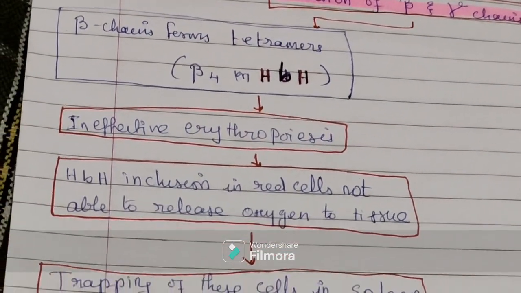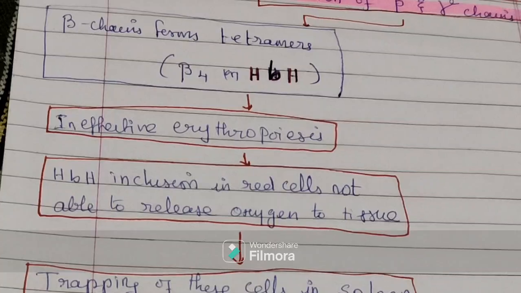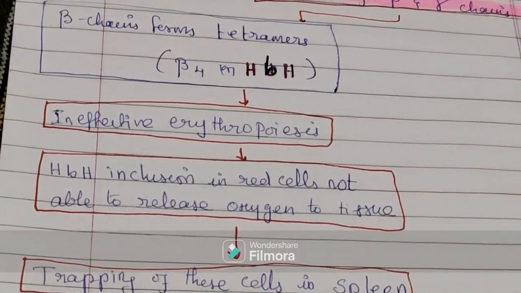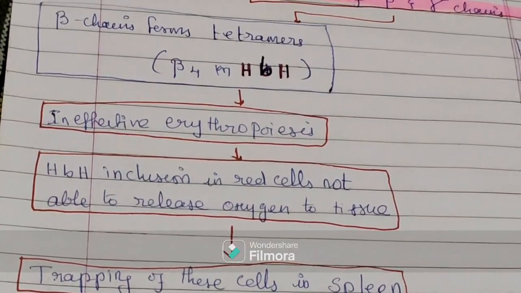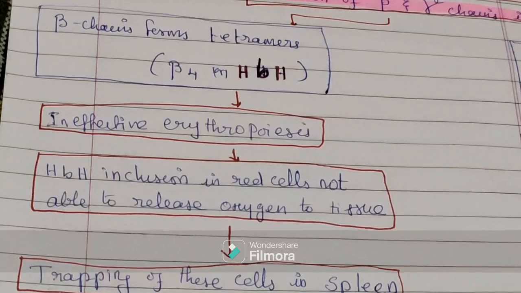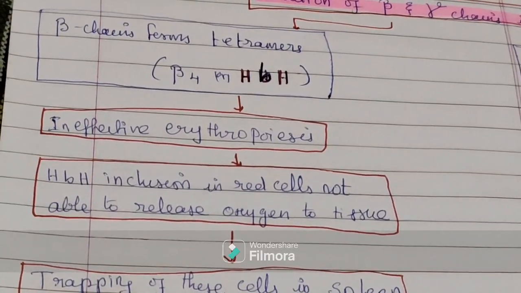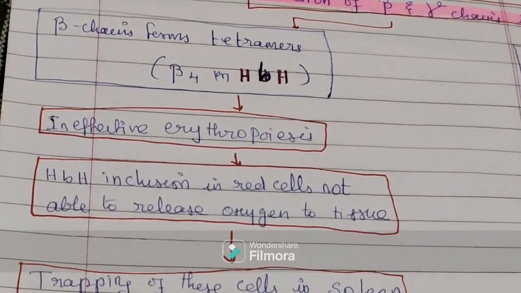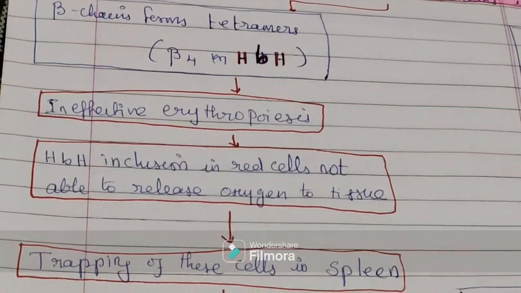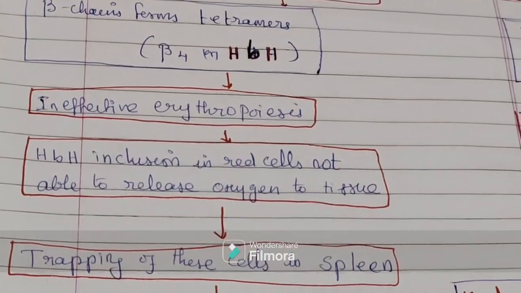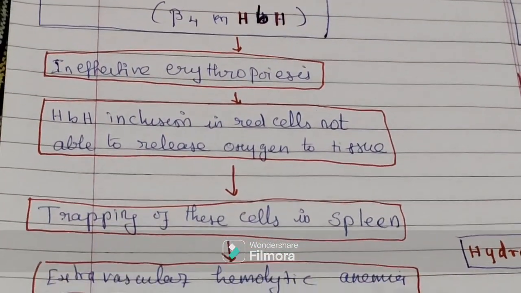HbH has high affinity for oxygen. It will trap the oxygen and not release it, leading to hemolytic anemia. It will be trapped in the spleen. That is HbH.